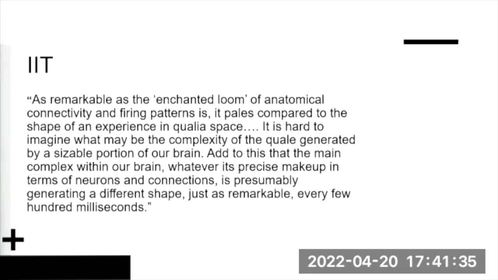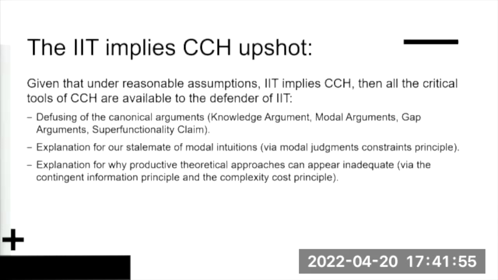And in a very high dimensional space, not only are most of the points going to be Chaitin random, but describing and locating that particular state is going to be very complex. So, given these reasonable assumptions, we can say that IIT is going to imply the complexity of consciousness hypothesis.